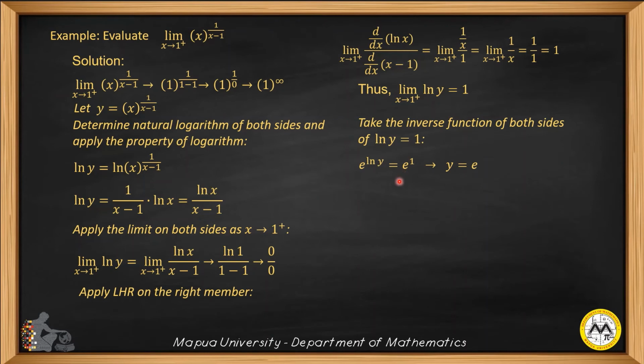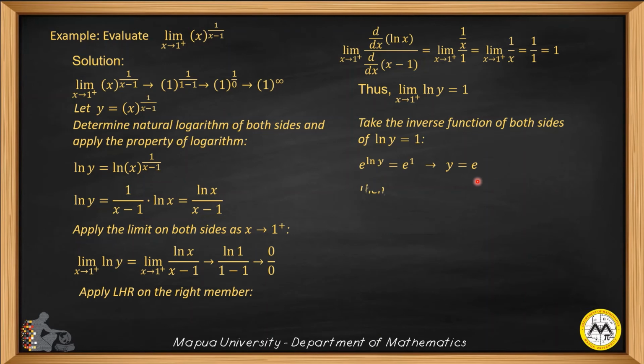Okay, and the inverse function would be defined by e to the ln y is equal to e to the first power, and by some properties of the logarithm and the exponential function, e to the ln y just simplifies to a y. So this statement now simply is y equal to e.